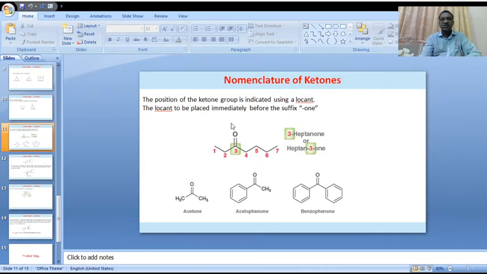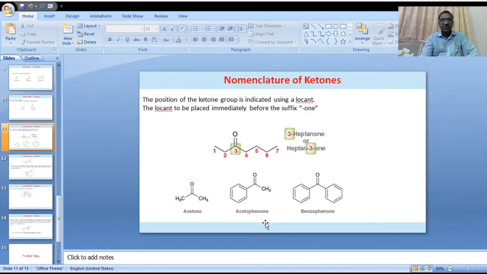The third position is a ketonic functional group. We can also express this as heptane-3-one. This is the main root word, 1 to 7 carbons. On the third position there is a ketonic functional group.